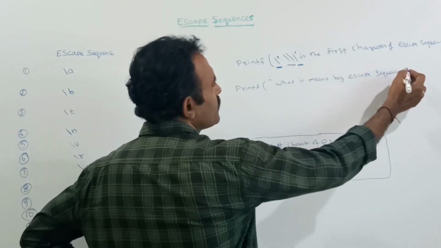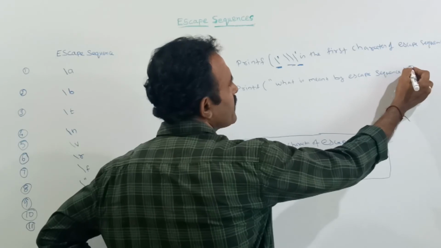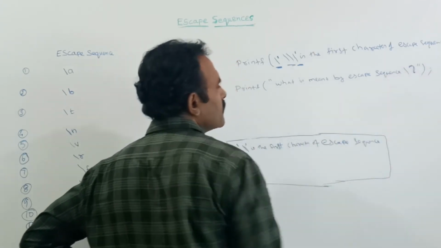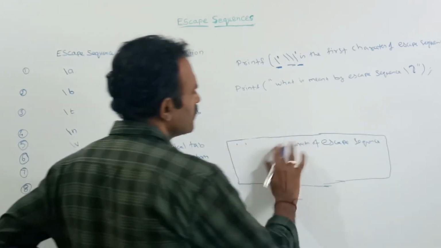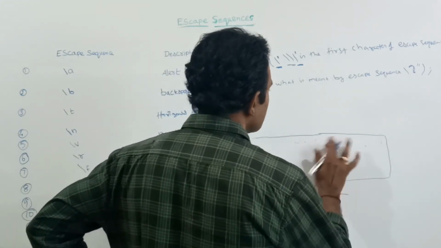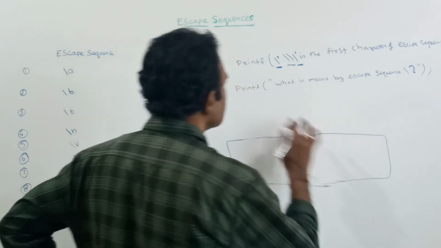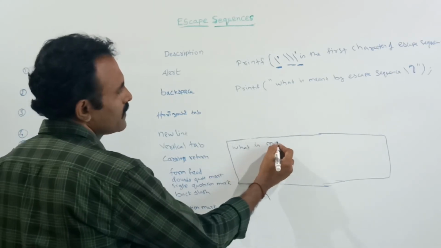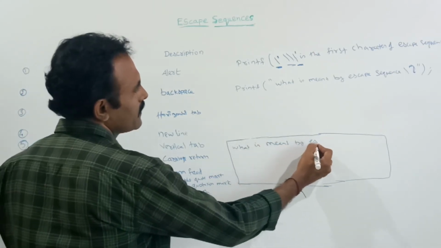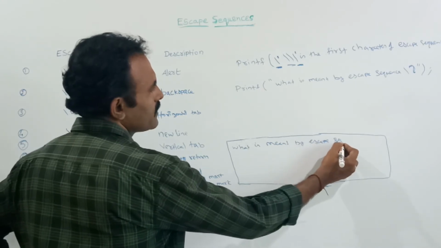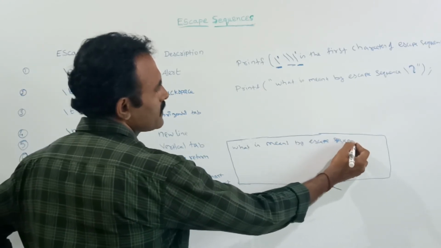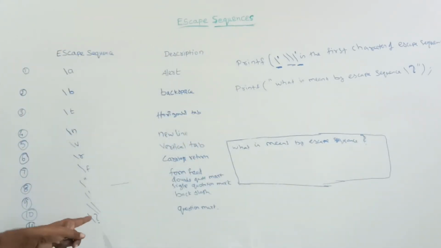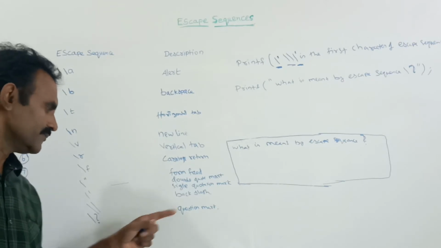At last, if we need to print the question mark, we can give it like this, question mark. So in the output, in the display screen, it will be displayed like this: what is meant by escape sequence, and after that the question mark. For printing the question mark, we should use backslash and question mark.